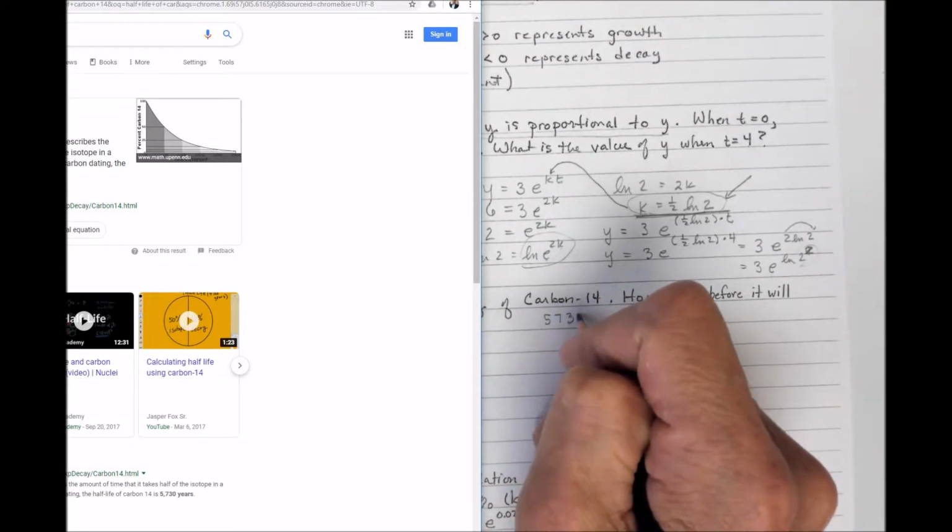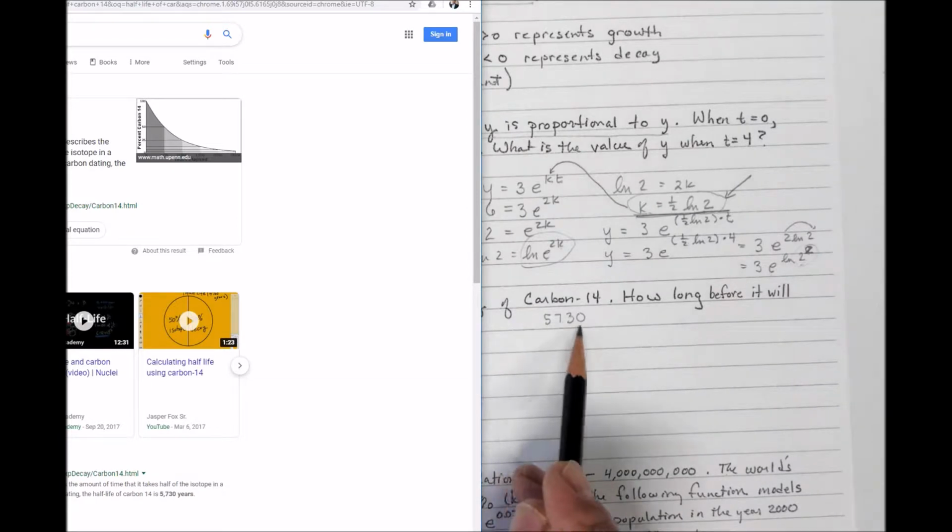So according to scientists, it's supposed to be 5,730 years. So that means if 5,730 years goes by and we started with 100, we'd end up with 50. Now this is going to go all the way down to 20, which is half, and then half again, and even smaller than that. So I'm thinking this is going to be probably 12,000, 13,000 years by the time we get done here.